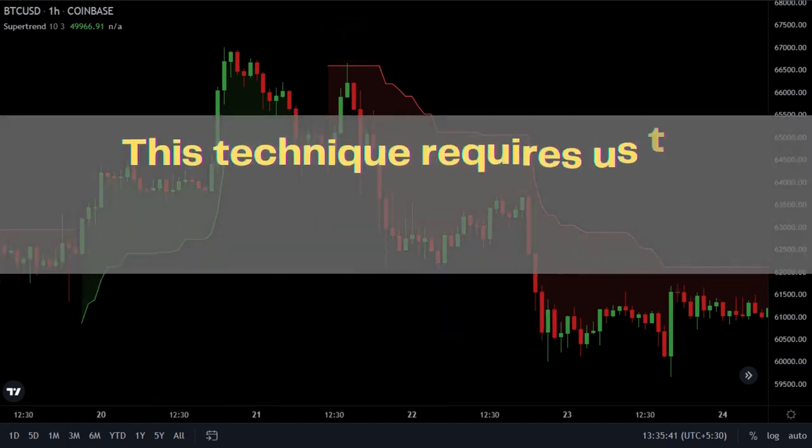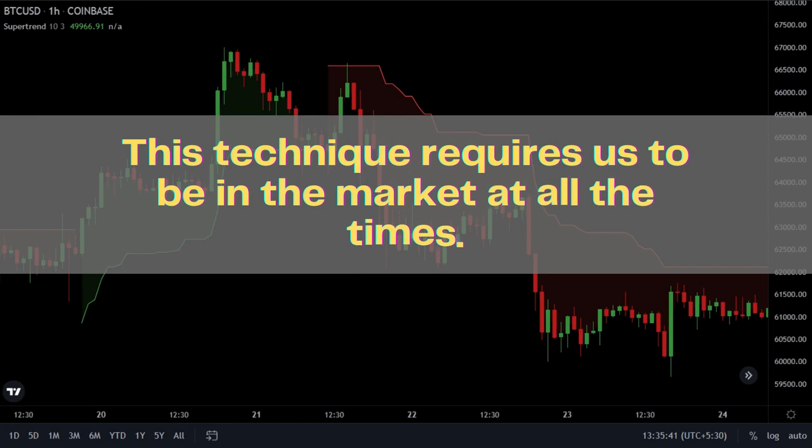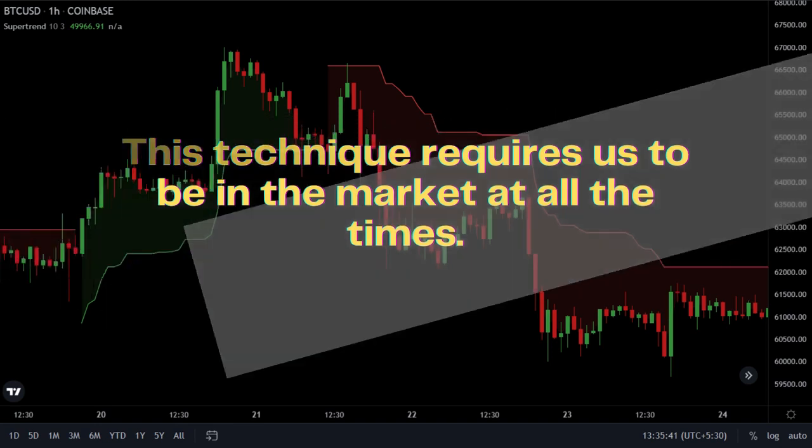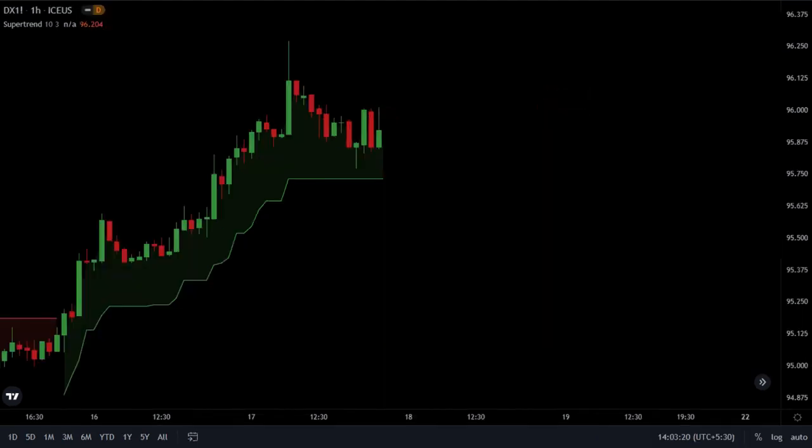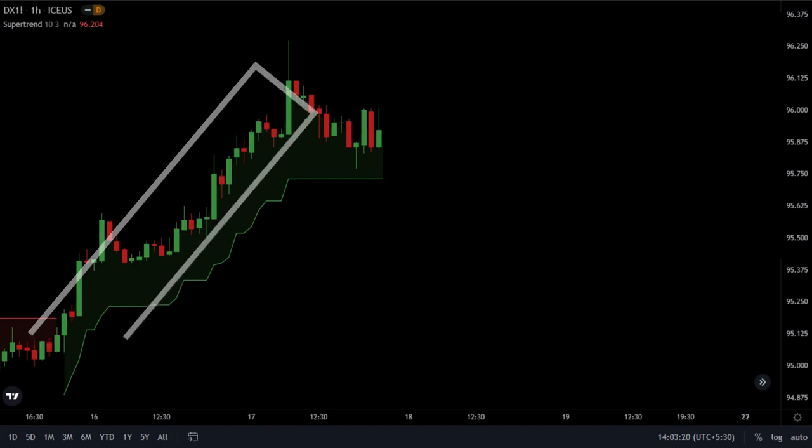The problem here is that this technique requires us to be in the market at all times. We are either in an uptrend or downtrend. Supertrend provides buy and sell signals even in sideways markets, and such signals can result in big losses. In this example, you can see that the market was on an uptrend, and the Supertrend displayed a buy signal.